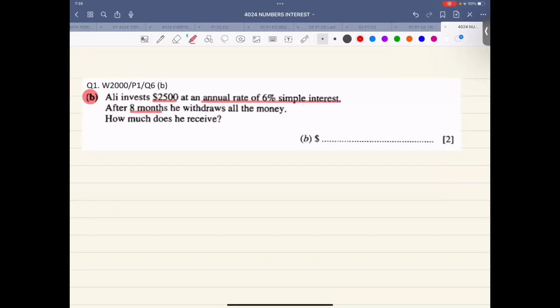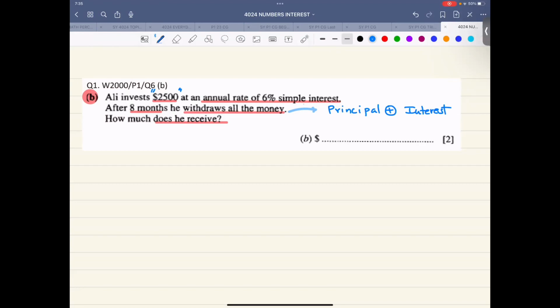After 8 months, he withdraws all the money. How much does he receive? When he withdraws all the money, first of all, keep in mind that this amount includes the principal plus the interest. So naturally, this amount will be more than $2,500.